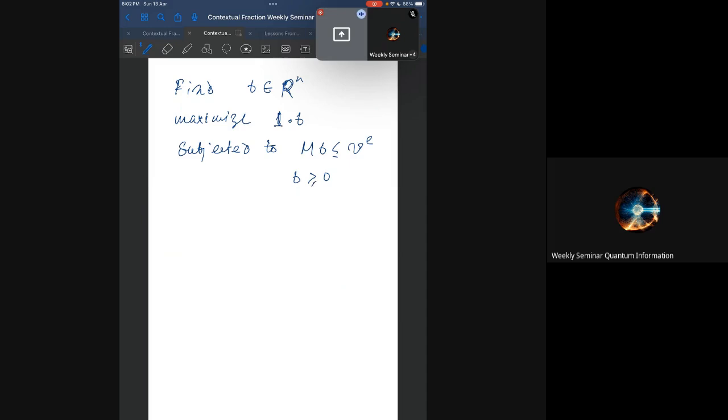So now finding the contextual fraction has become a linear programming problem, where my non-contextual fraction of E is actually identity dot B', where this B' is the optimal solution of this linear programming problem.